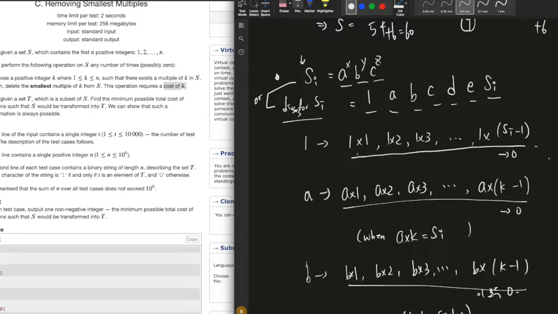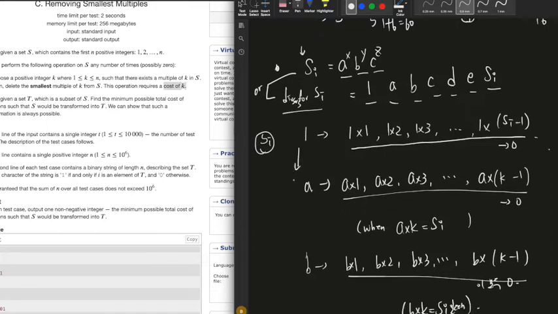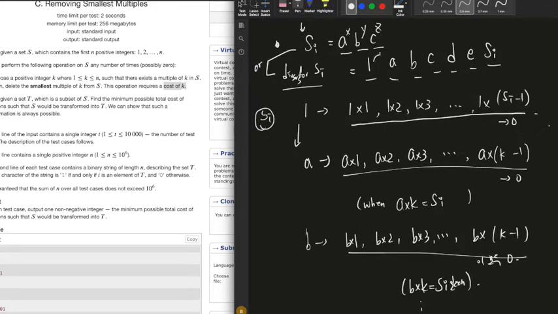When we need to erase S_i, we need to go through from 1 to S_i to find the smallest valid k, because we need to minimize the cost of k.